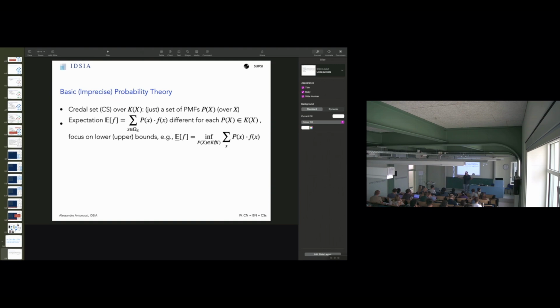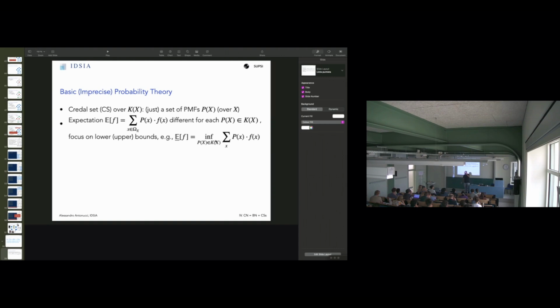I don't know. Imprecise probability models are not hierarchical models, so there is not a probability over the elements of my credal set. My model is intrinsically set valued. So the only thing I can do is characterize my expectation in terms of bounds. I can compute the lower and the upper bound of my expectation when P varies in the credal set.